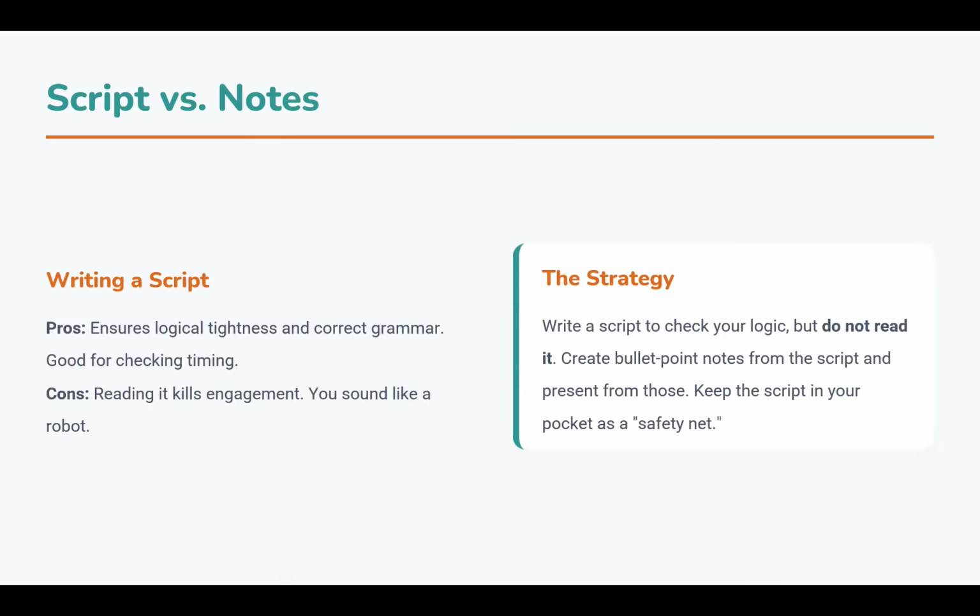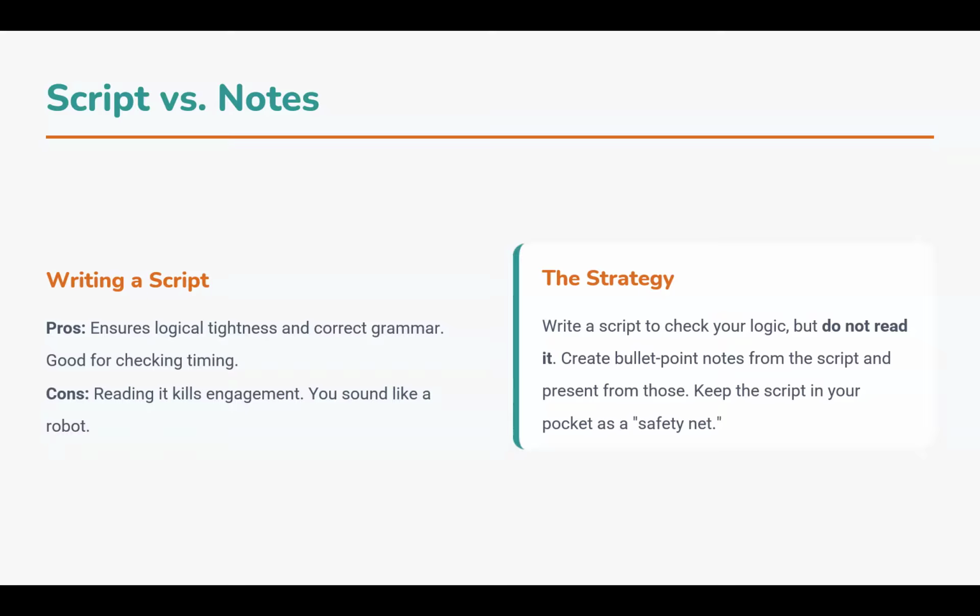So always be prepared for everything, right? Prepared for voice alone, to voice plus modalities plus multimedia and everything, right? Okay. So writing a script is really important because it ensures logical tightness and correct grammar, right? Particularly if you are checking with the time, writing a script is really, really important.